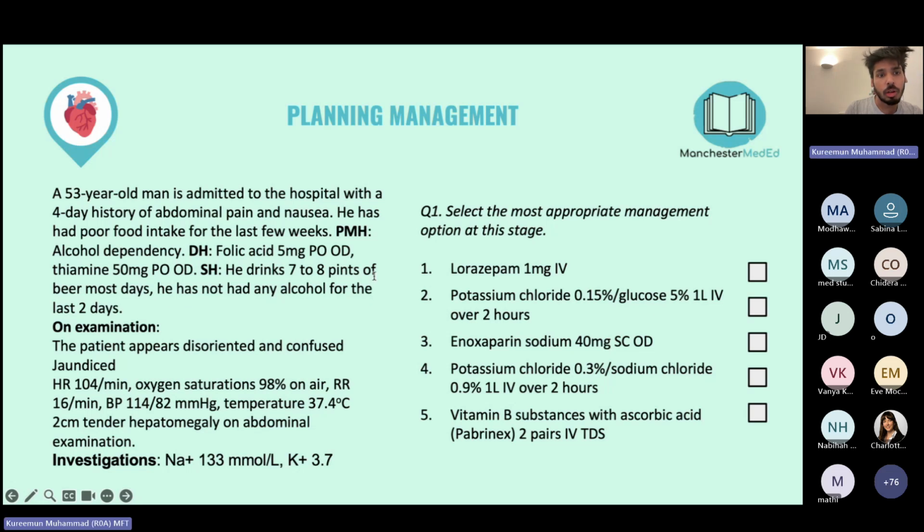You can type your answers as 1, 2, 3, 4, 5 instead of writing the whole thing.